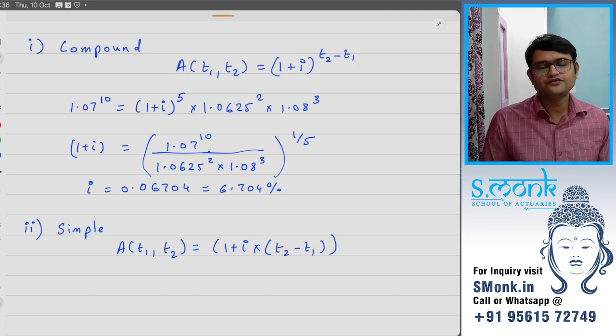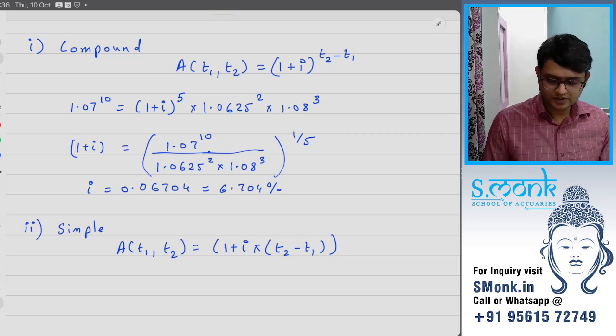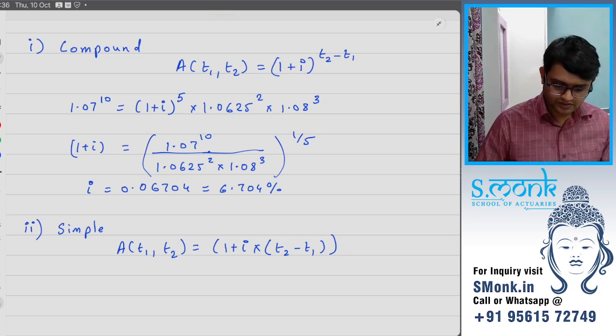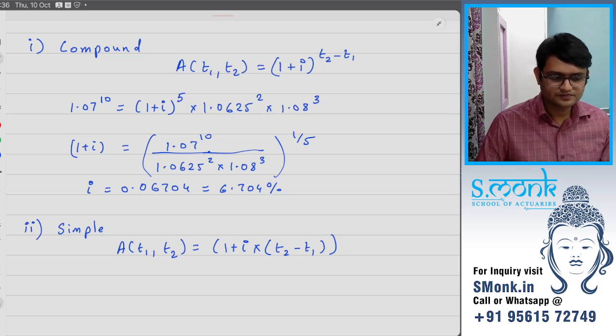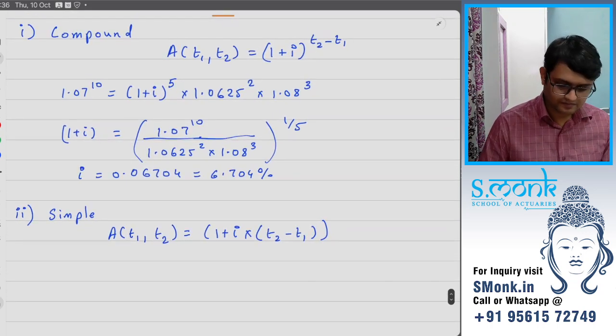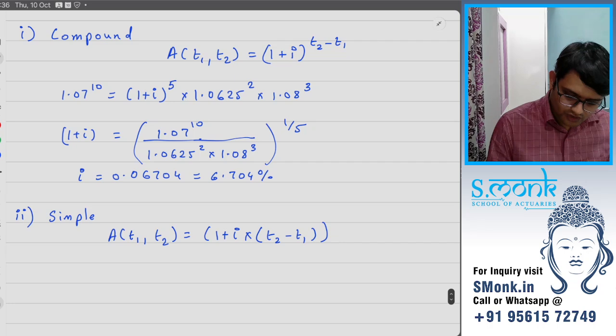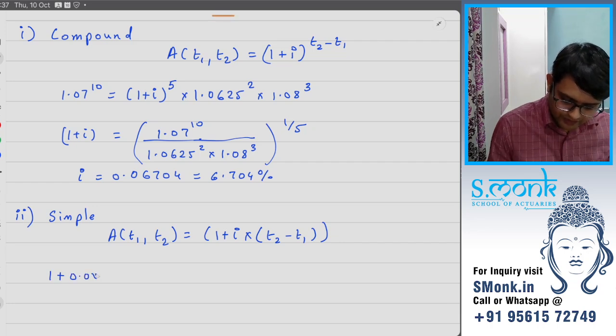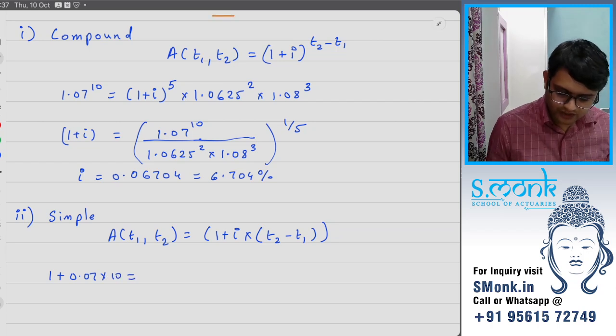This is what we will have. So again, from 0 to 10 the rate of interest is 7%. So 1 plus 0.07 times 10 will be equal to 1 plus i times 5.